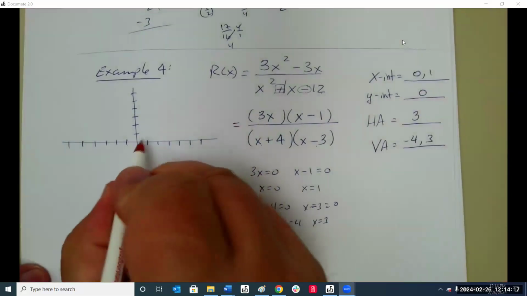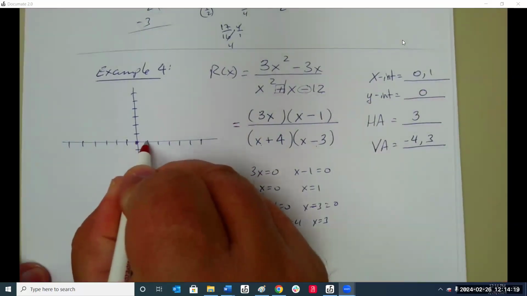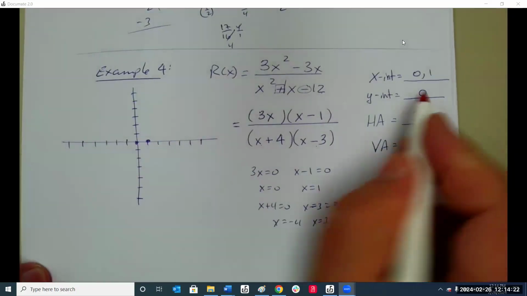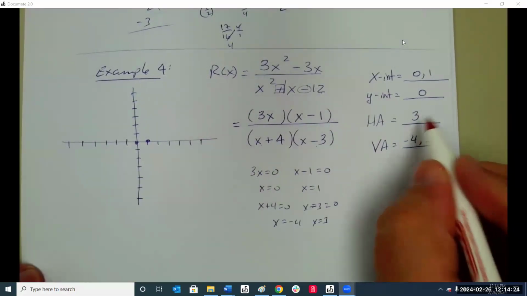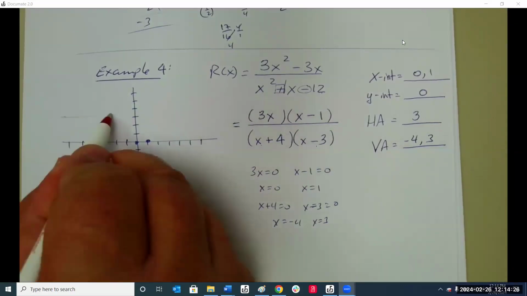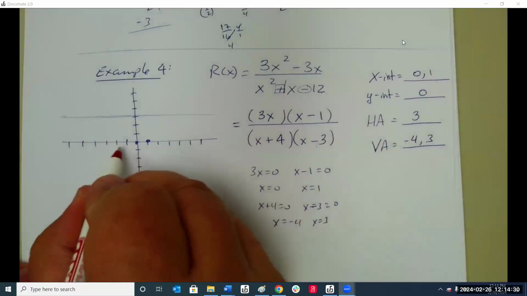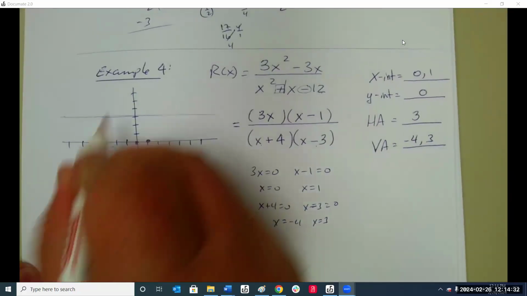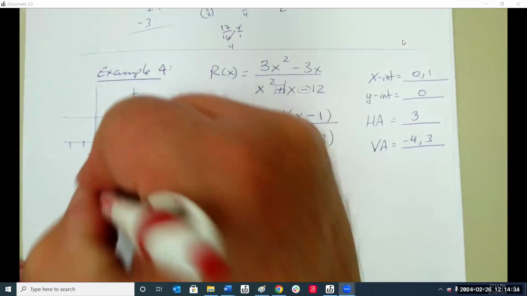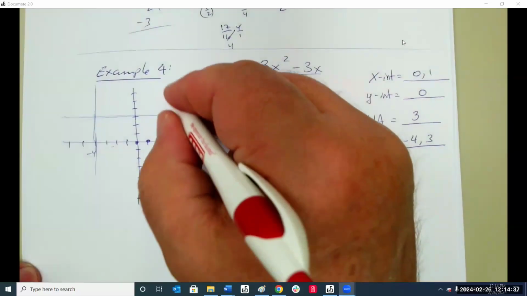So my x-intercepts are at 0 and 1. Y-intercept is at 0. Horizontal asymptote is at 3. Vertical is at negative 4 and 3.